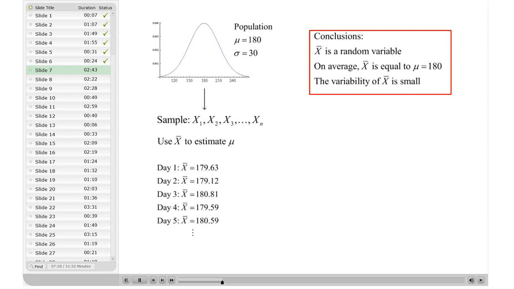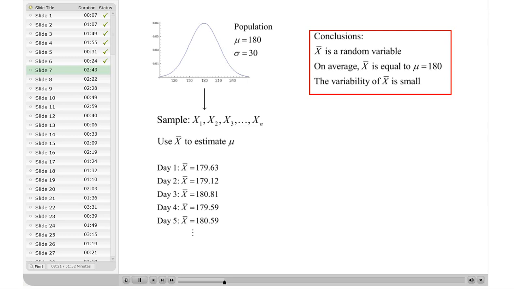Another observation that we can make here is that the variability in x bar is very small. So on the last slide we saw that whenever we take a sample from the population, we can get numbers anywhere from 120 to 240. We could even get numbers that are more extreme than those. So there's a lot of variability in the numbers that we can get.